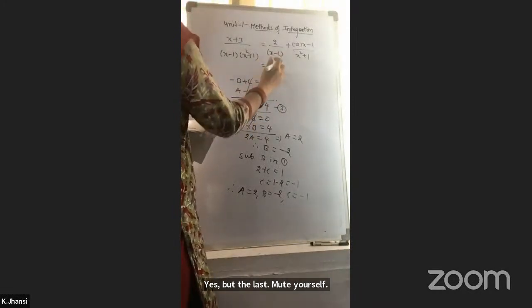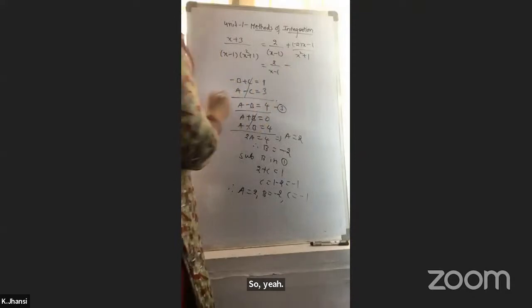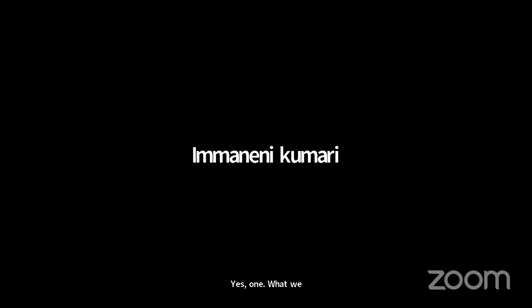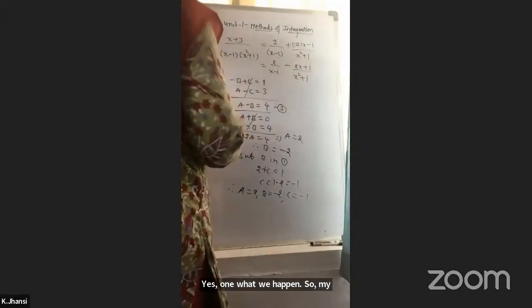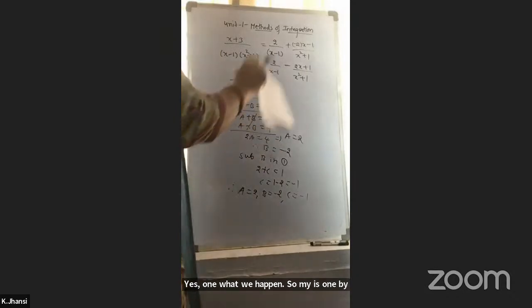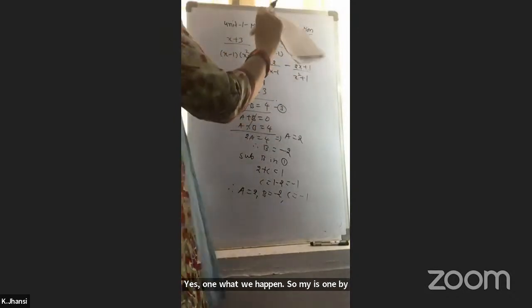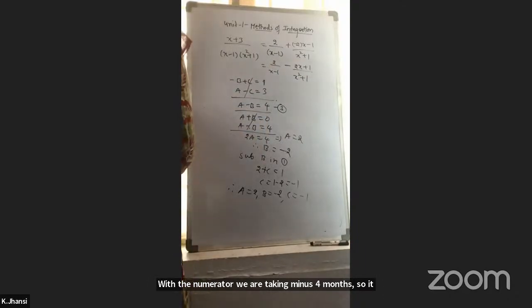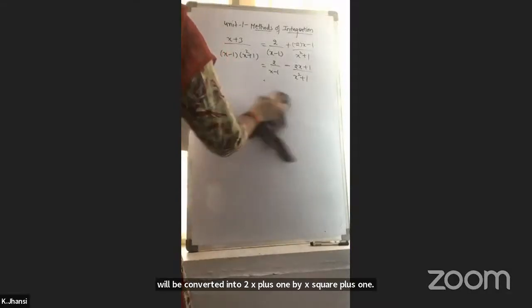So here, 2, plus 1, minus we take outside. What will happen? So minus, 2x plus 1 by x square plus 1. In the numerator, we are taking minus common, so it will be converted into 2x plus 1 by x square plus 1. Now you do the integration of this one. Okay.